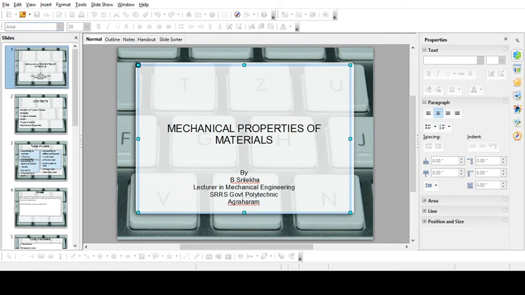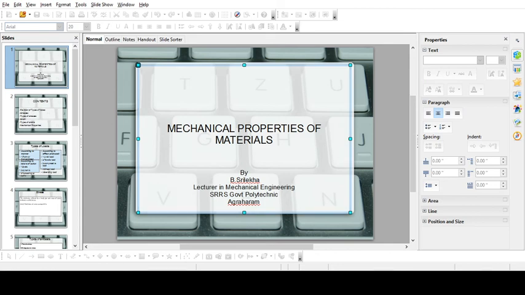So that is brittleness. Next, hardness. Hardness is defined as the ability of the material to resist abrasion, scratching or indentation. This is a desirable property for the parts which are subjected to wear. When you are regularly using a material, wearing will occur. Generally the tools will get worn off because they are regularly used for cutting operations.